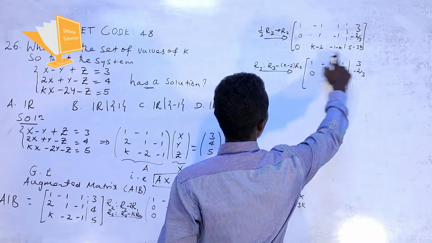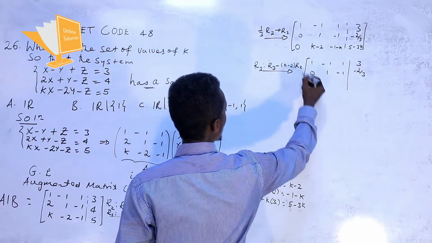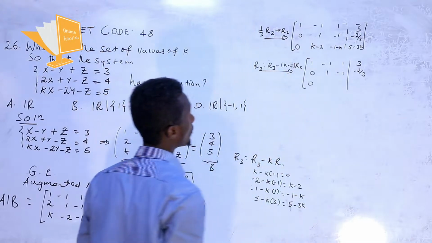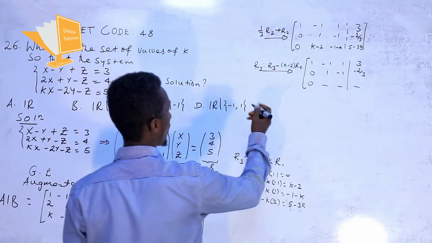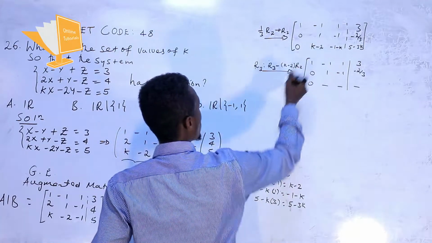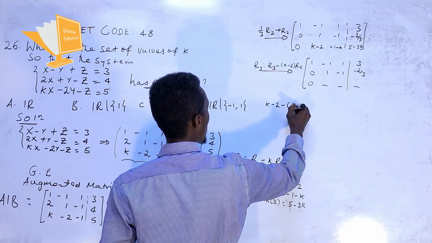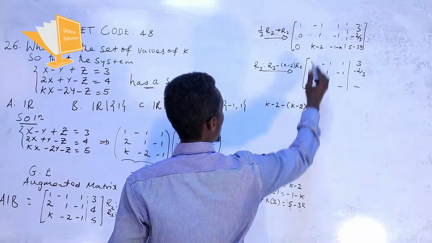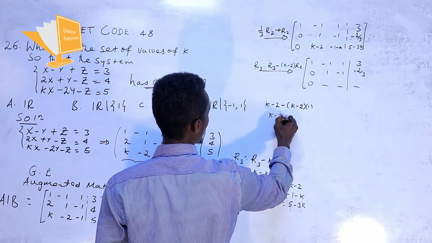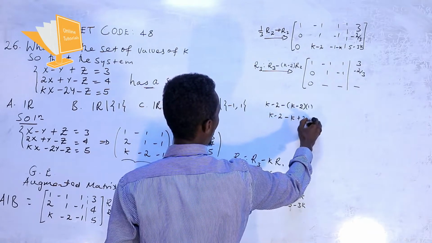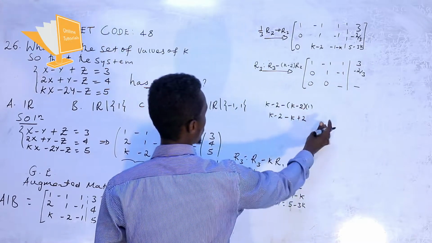Only the third row entries change. This becomes 0 when you add them. We find the three entries. For the third row entry K minus 2, minus K minus 2 into the entry in the second row, K minus 2 minus K plus 2, so this entry becomes 0.